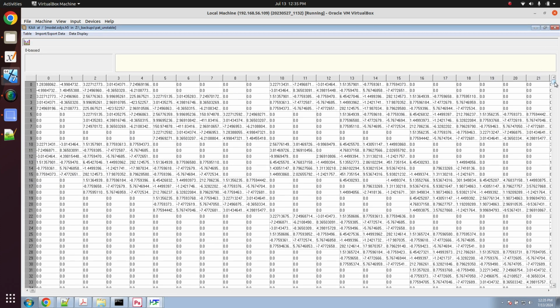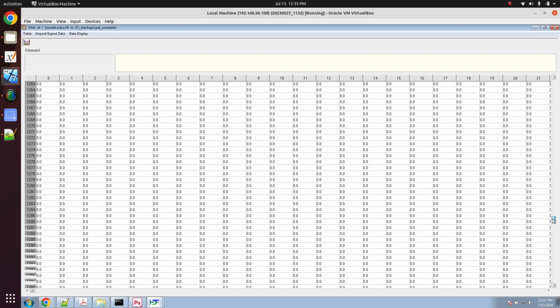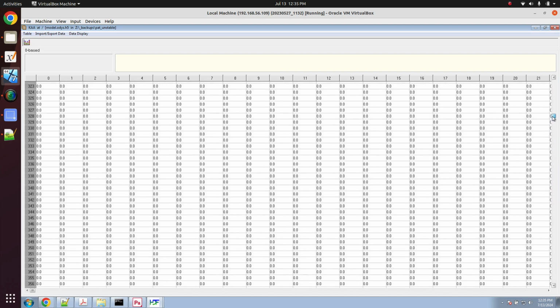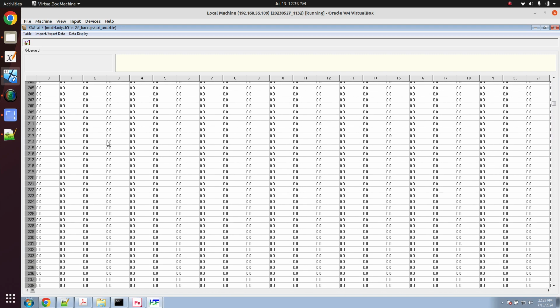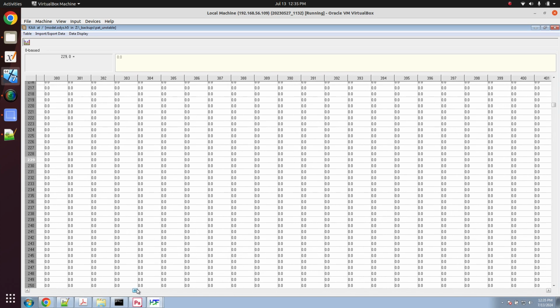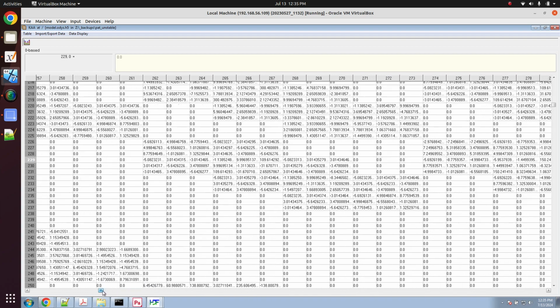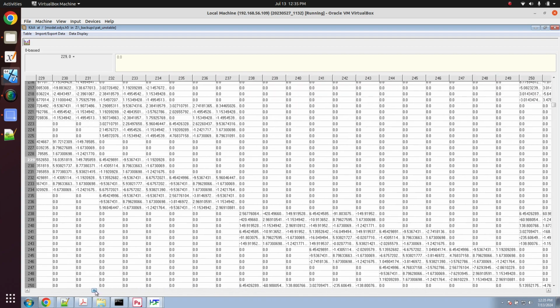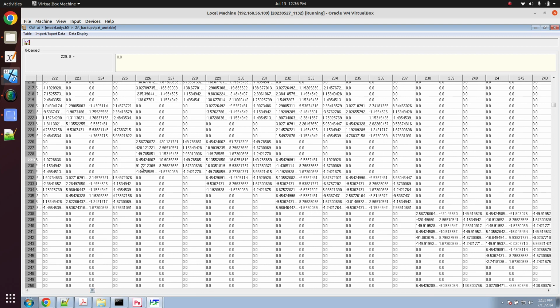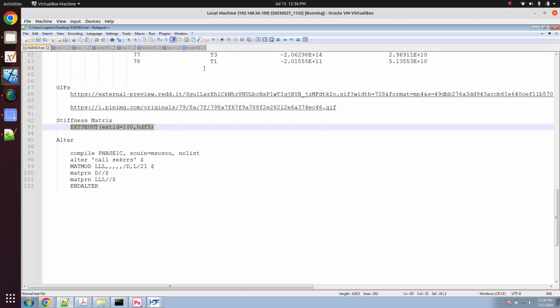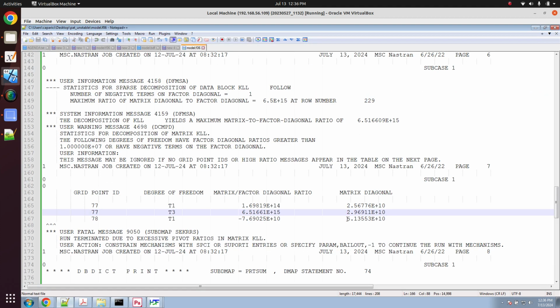Now let's look for row 229. And then let's go ahead and move over to column 229. So here is, all right, 5.135. Let me make sure this is the same one. Okay, perfect.